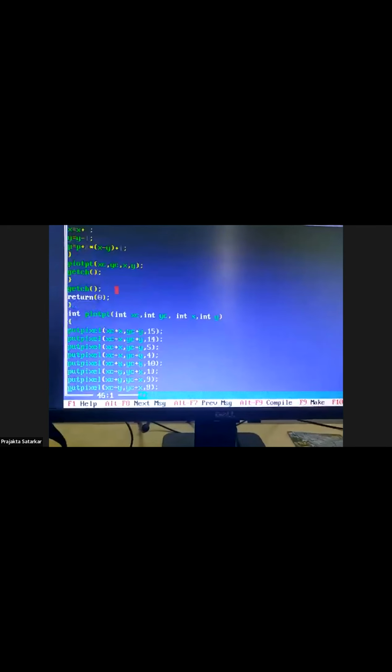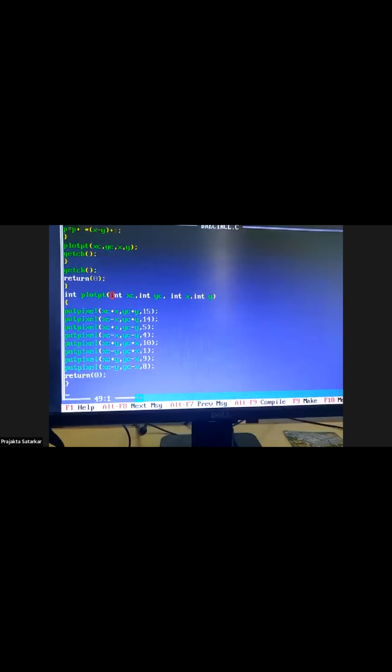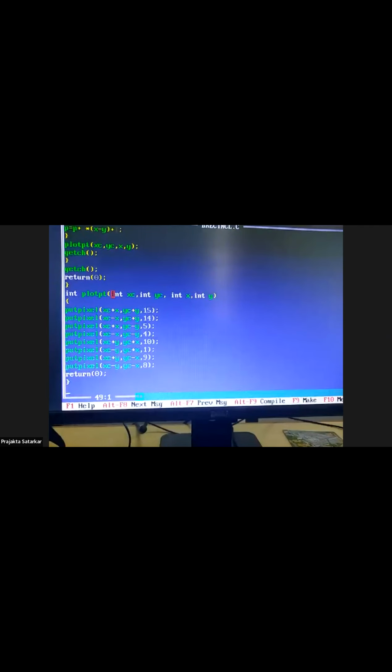Now what is the plot point function doing? We have already seen what plot point is doing. There we have taken the values in 8 different combinations. X and Y both plus plus, then minus plus combination, plus minus combination, and minus minus combination.